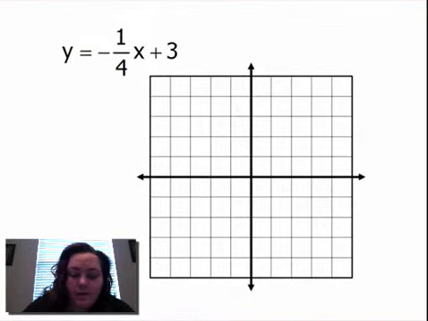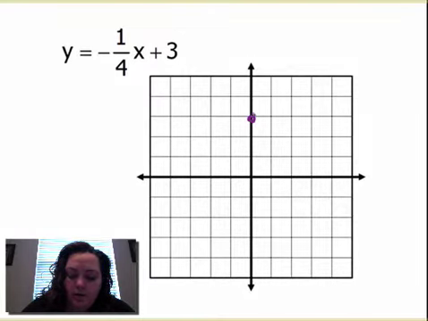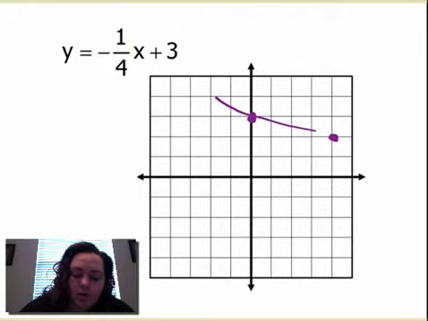This one, my slope is negative 1/4, and my y-intercept is 3. So I'm going to go up to 3. Negative 1/4 means I'm going to go down 1 over 4, and I'm always going over to the right. So whether I go up or down, I'm always going to the right.